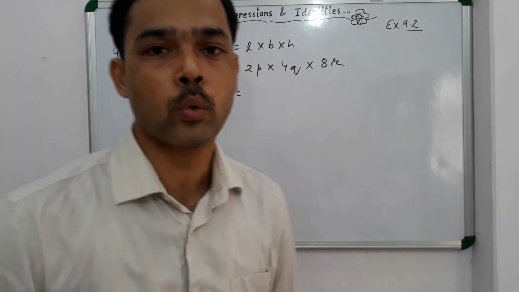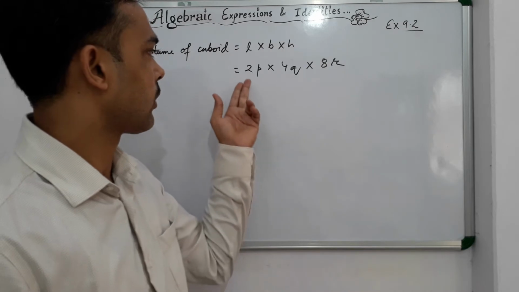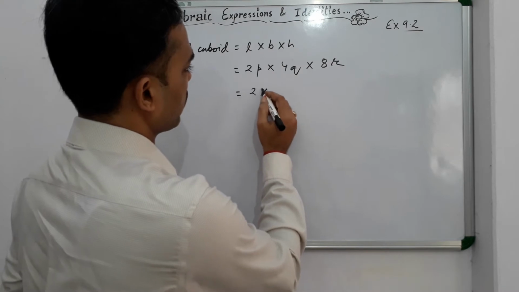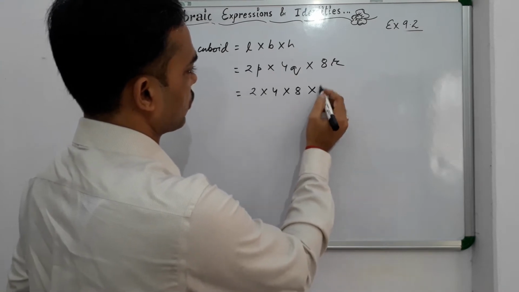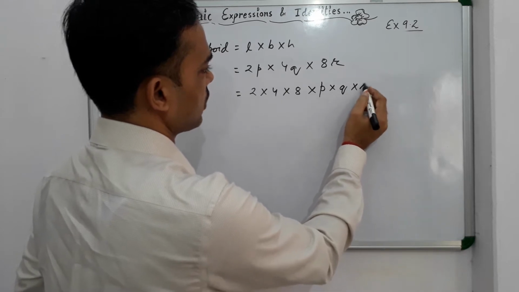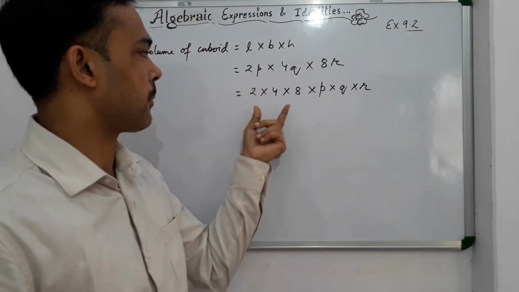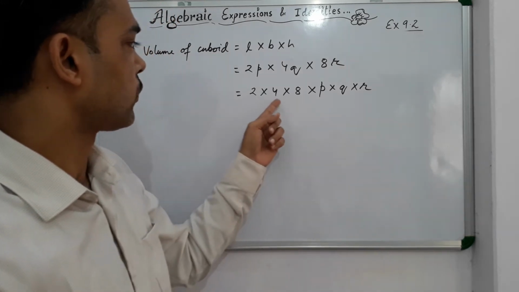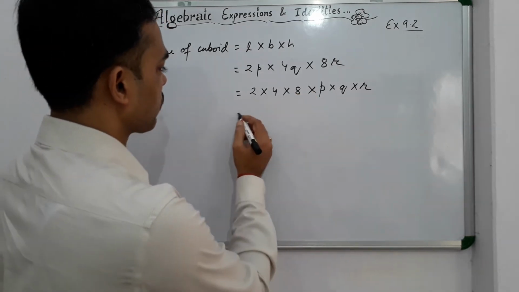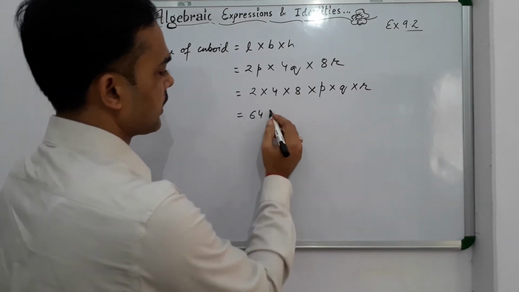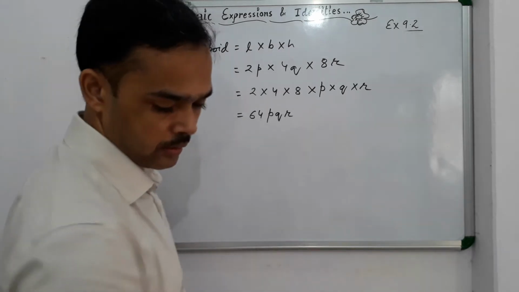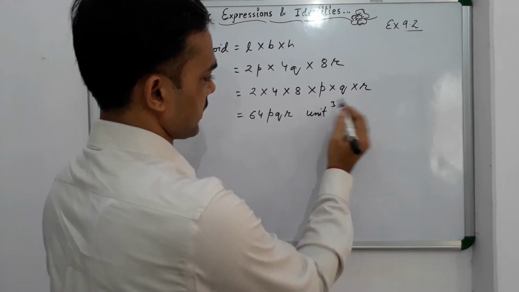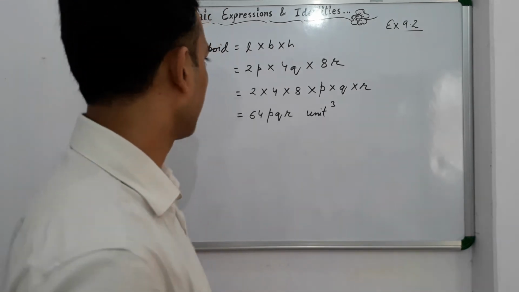Then you will be multiplying the numbers, 2 into 4 into 8 into p into q into r. I have multiplied the constants and then the variables. 2 into 4 is 8 and 8 into 8 is 64, then p, q, r, and the unit is cube, because since it is volume, its unit will be in cube.